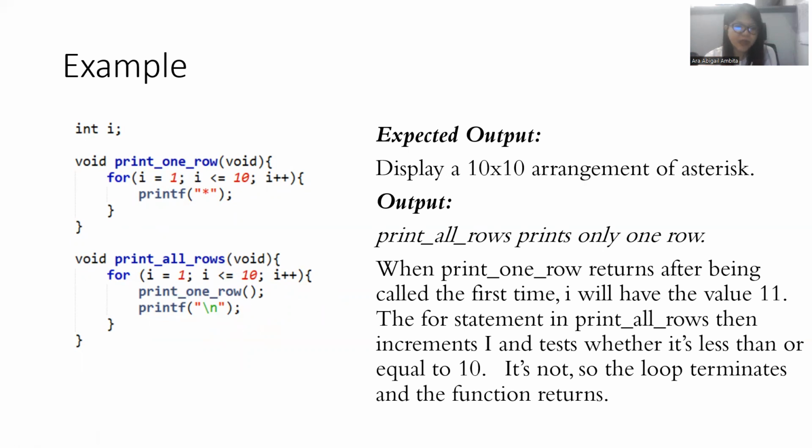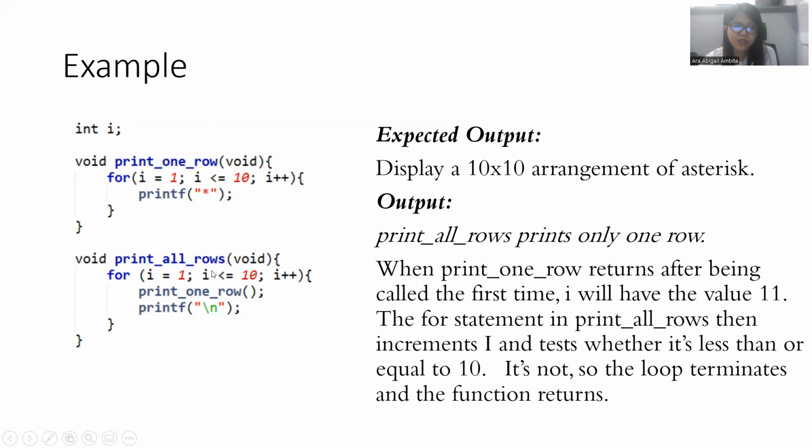So, when we call the print one row here, the I, which is a global na variable, in the last na iteration, I will be equal to 11, right? So since it is global, that 11 na value will be stored in I, and therefore will be accessed also by the void print all rows.